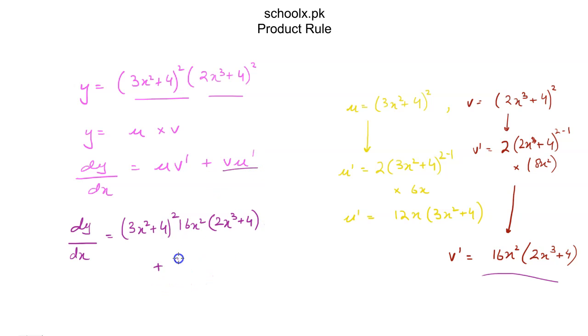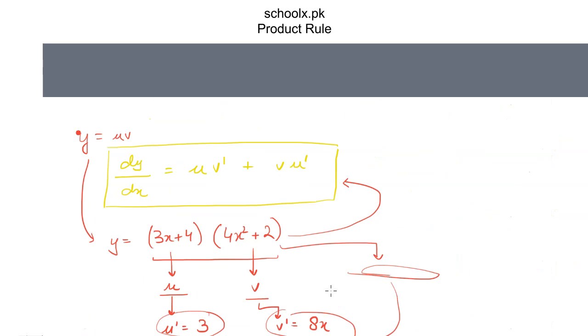So v is 2x cubed plus 4 squared, into derivative of u, which is 12x into 3x squared plus 4. Alright, so that's how you use the product rule.